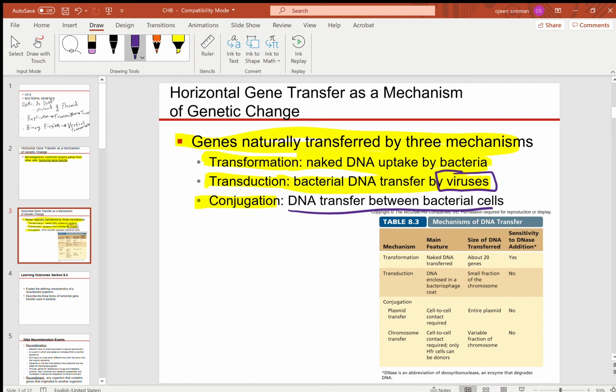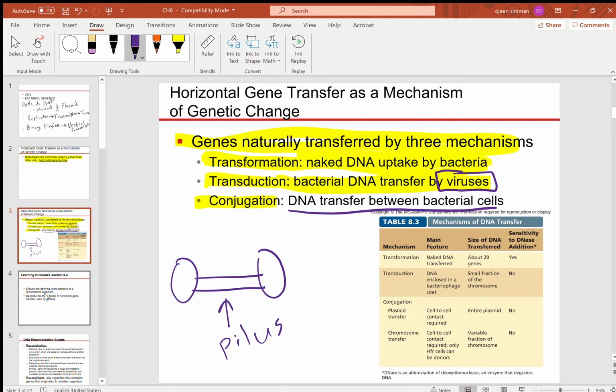This one requires formation of a bridge between two bacteria. That bridge is called a pili or pilus, by which DNA gets transferred. So this is basically an introduction to the mechanisms.